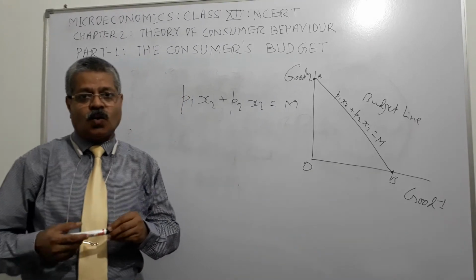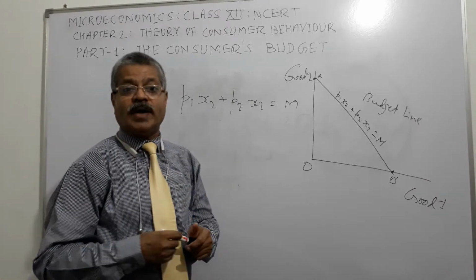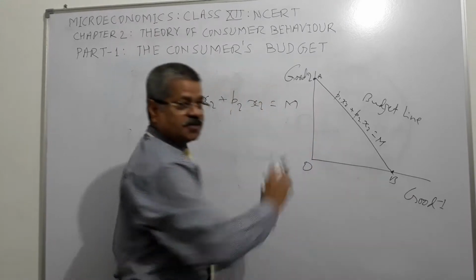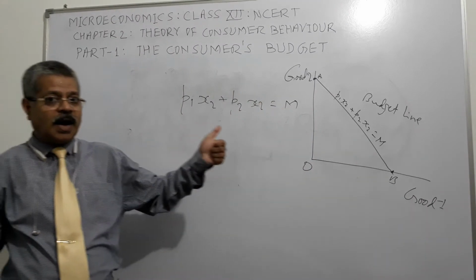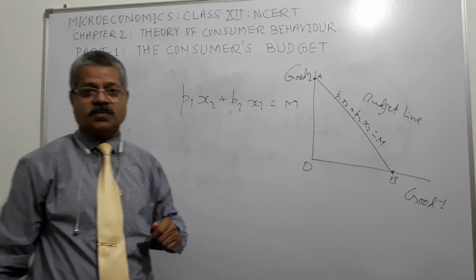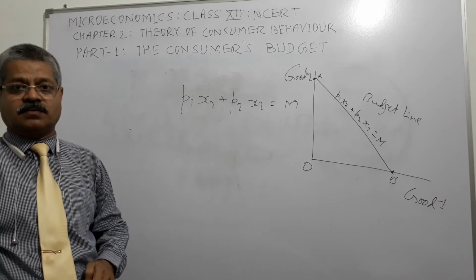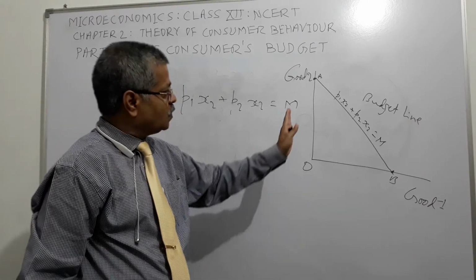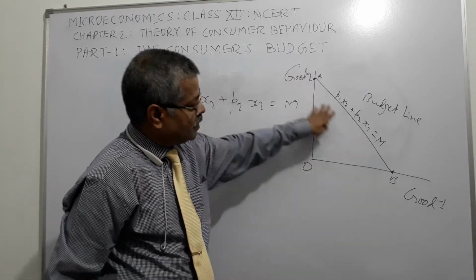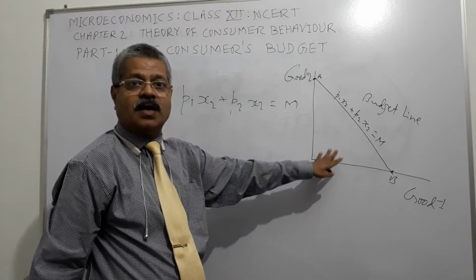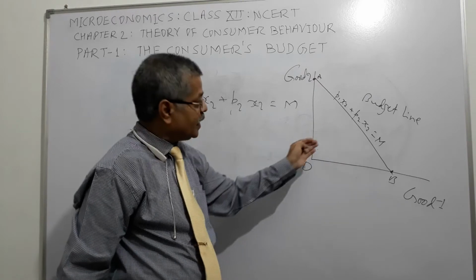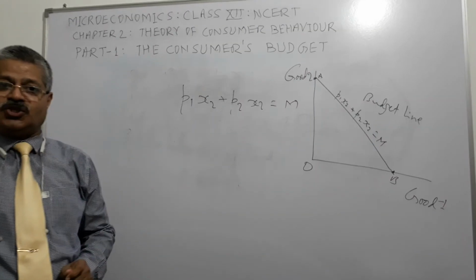So all bundles in the positive quadrant, this entire area is called the positive quadrant, that are on or below the budget line are included in the budget set. All bundles lying in this positive quadrant which are on or below this line are included in the budget set of the consumer.